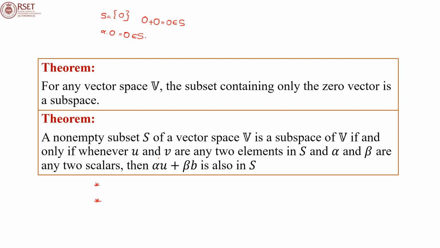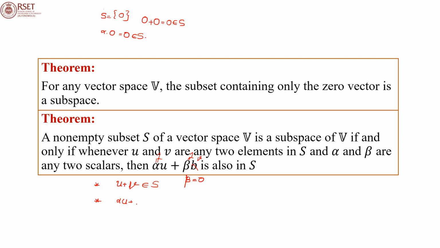Suppose I am giving a restriction that alpha is equal to 1 and beta is equal to 1. What will this be? It will be U plus V. Sorry, this must be V. So U plus V belongs to S. And the second one is, if I am giving the condition alpha equal to 1 and beta equal to 0, what will happen?